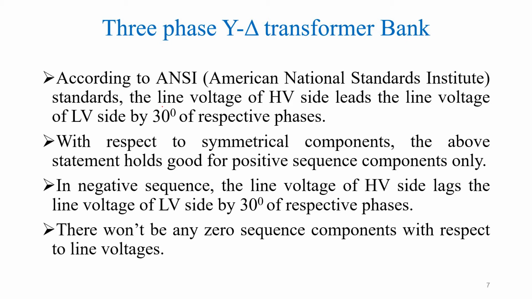Here you can see the line voltage of HV side leads the line voltage of the LV side. Whenever you are talking about the line voltages, there won't be any zero sequence components present in the line voltages. We need not talk anything about zero sequence quantities at all.